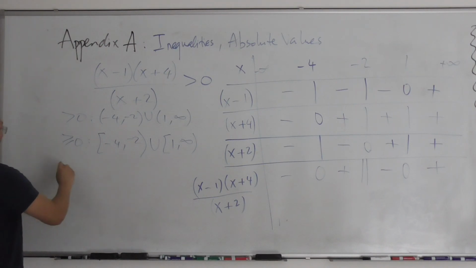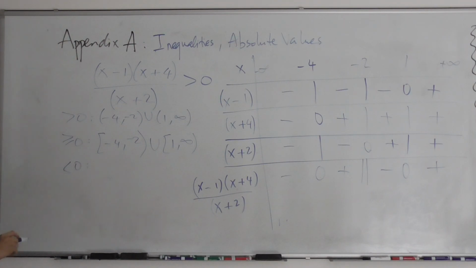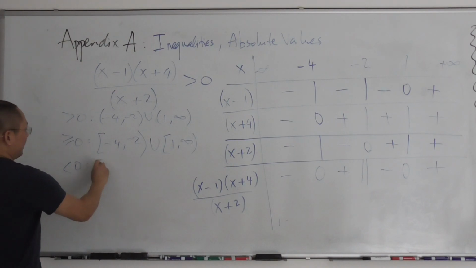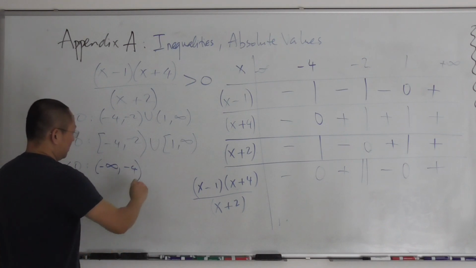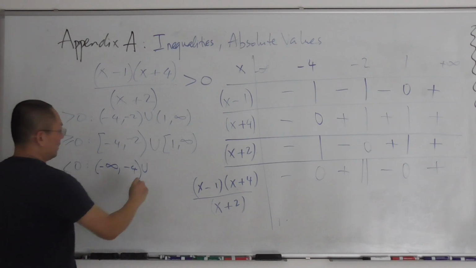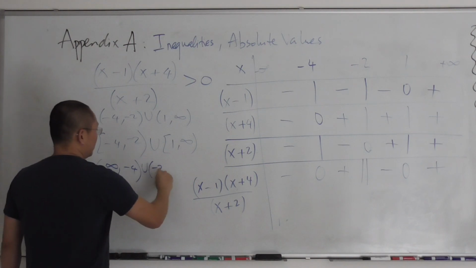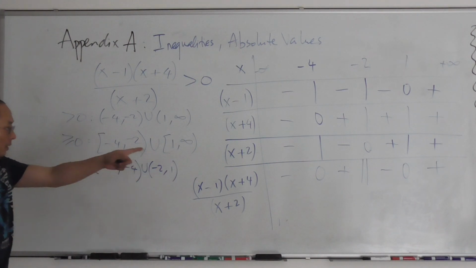What if we have less than 0? Then it's going to be negative infinity to negative 4, union from negative 2 to 1. I'm looking at the table.